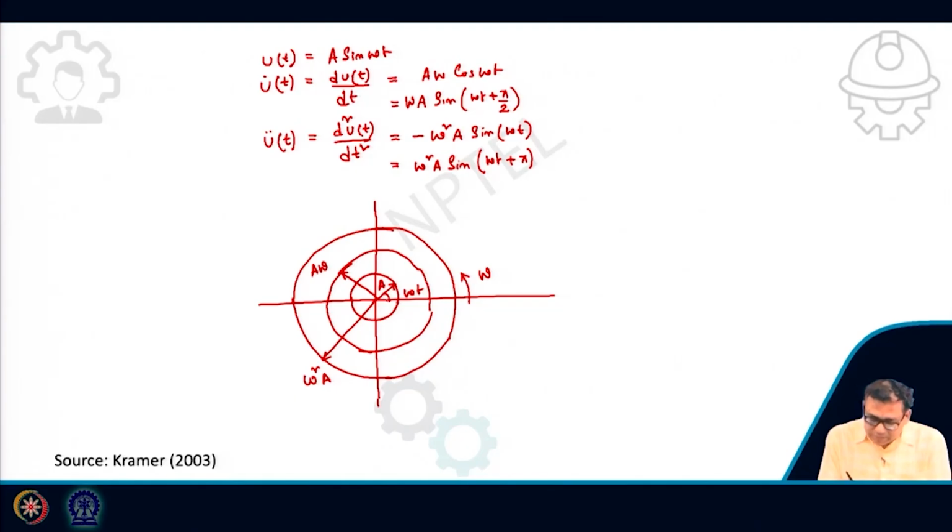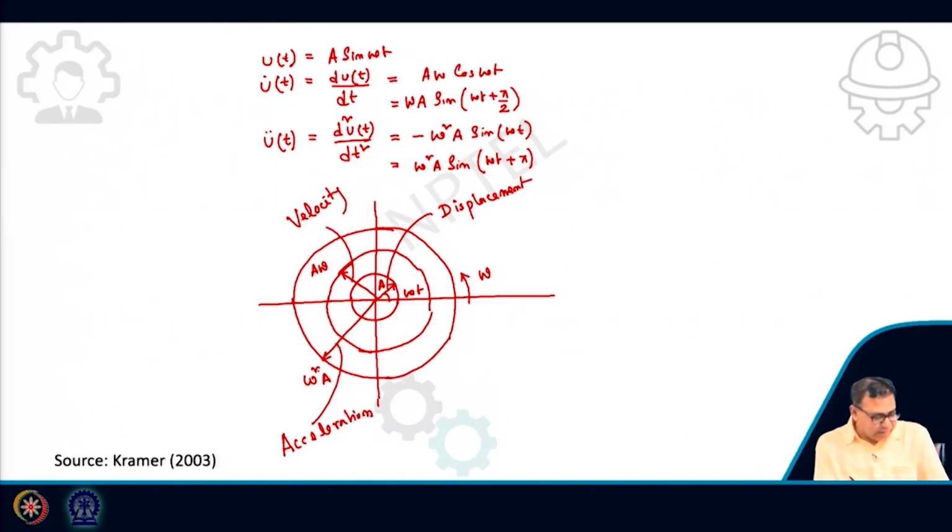So, you see this angle omega, then this is A. So, this one is the velocity, this one is the displacement, and this one is the acceleration. So, these are the acceleration amplitude, the velocity amplitude, and the displacement amplitude.